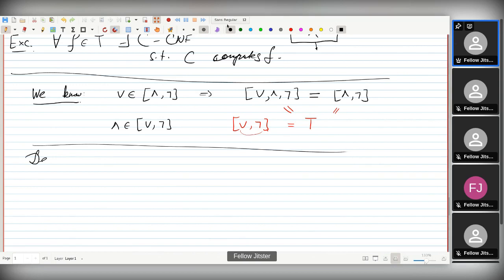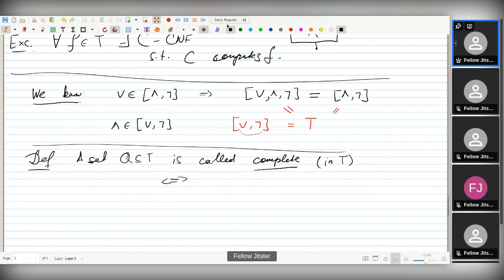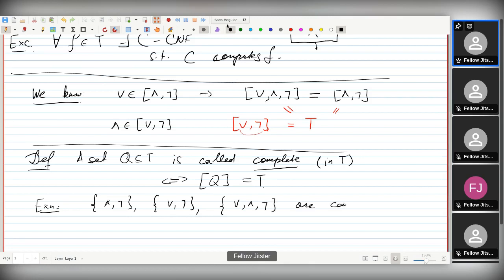Let us give a definition. A set Q of Boolean functions is called complete in T if and only if its closure equals T. As an example, we see that this set and of course this one are complete.